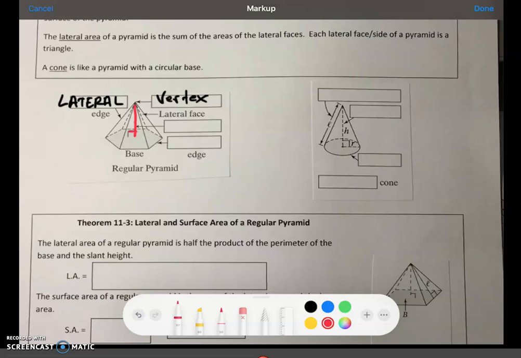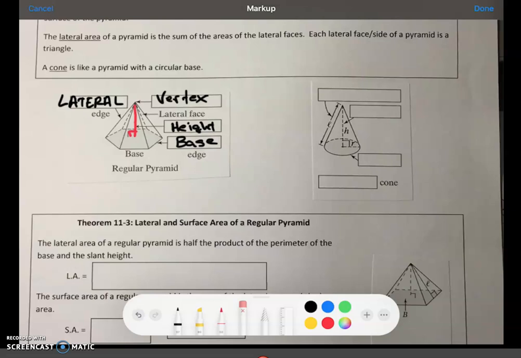From the highest point straight down to the middle of the pyramid, that is called the height of the pyramid. And there's going to be a difference between the height and the slant height. And this edge here along the base is called the base edge. So there are lateral edges, which are on the lateral sides, meaning the sides that are not the base. And then, of course, there are base edges.